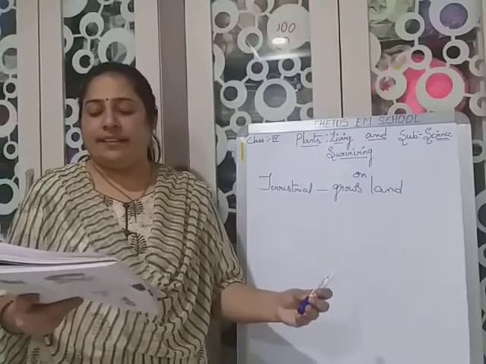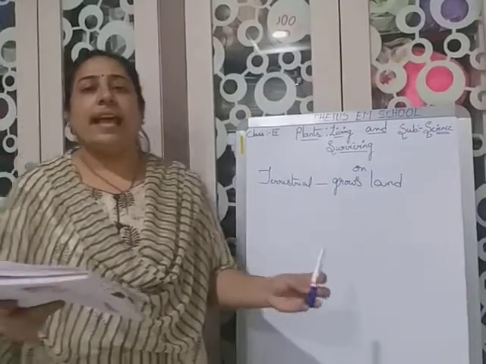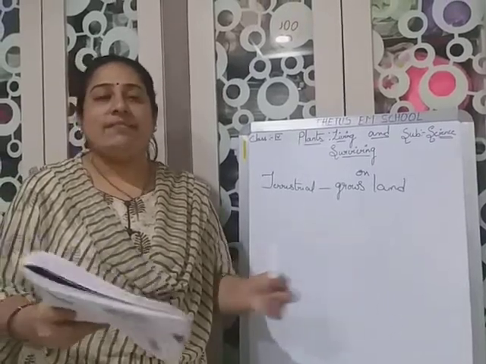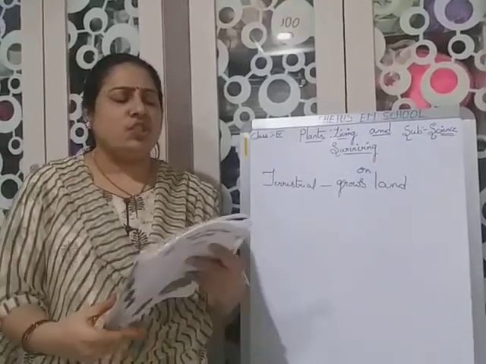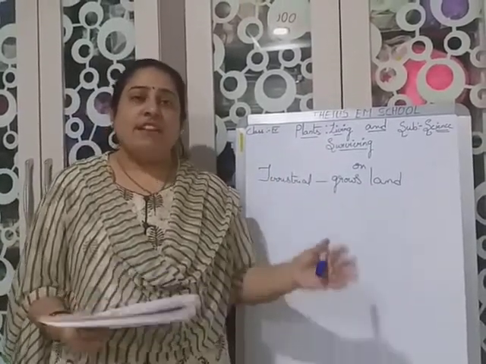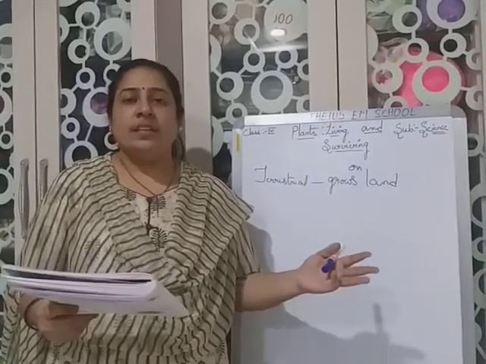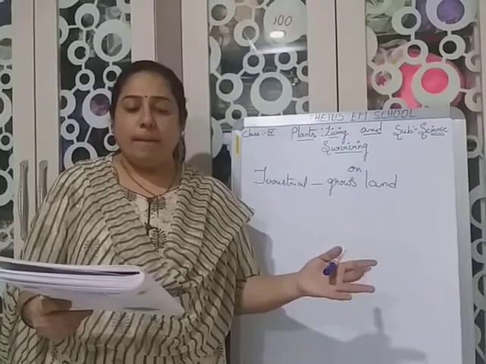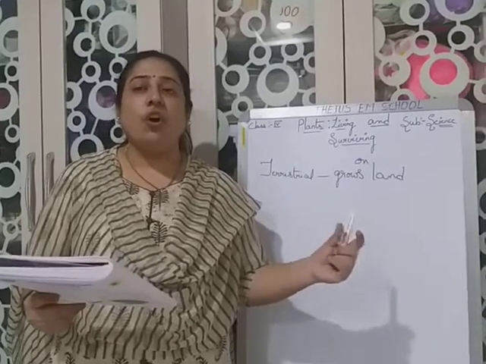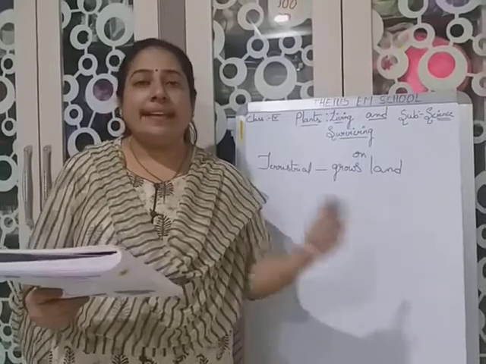These trees can bear the heat, but they shed their leaves during the winter, like mango, shisham, peepal, banyan and sal. These are the trees which grow on plain areas.